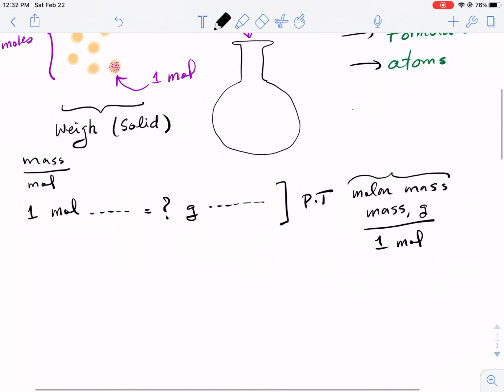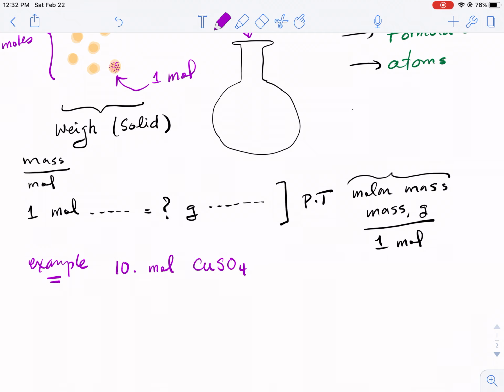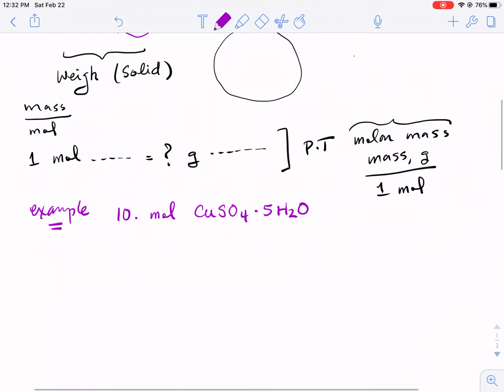So let's go ahead and use an example here to make it clear for you. So let's say that I am dealing with 10 moles of copper sulfate pentahydrate. So copper sulfate pentahydrate is a solid, and that's how one form of the copper sulfate compound comes, the pentahydrate form.